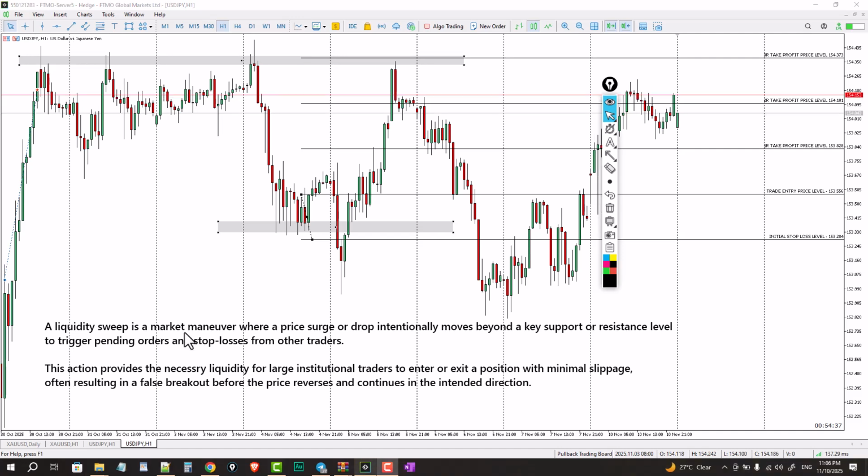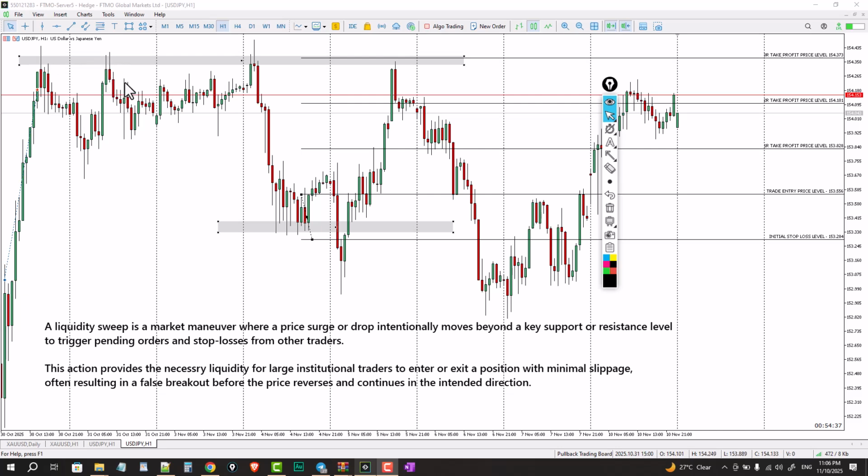Just like I explained with these trade examples, a liquidity sweep is a market maneuver where a price surge or drop intentionally moves beyond a key support or resistance level to trigger the pending orders and stop losses from other traders, which was exactly what I explained here. So this is a resistance area, and some traders, after seeing this price rejection, would have entered a trade around here.